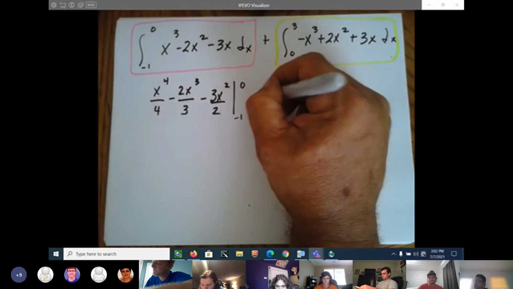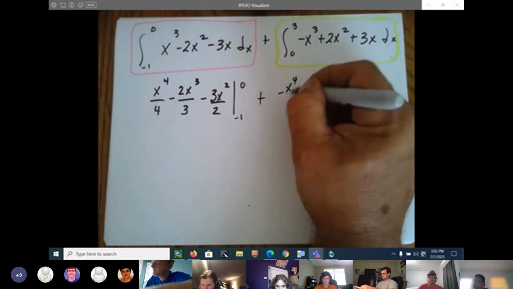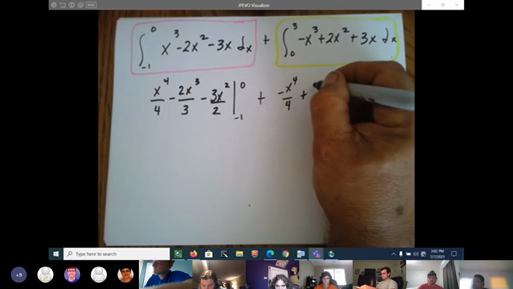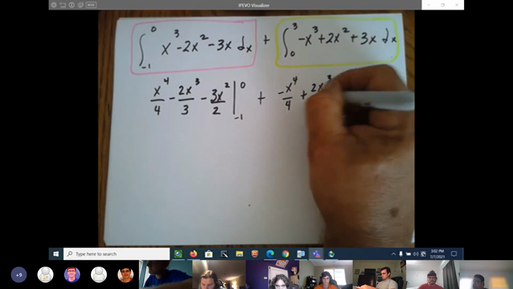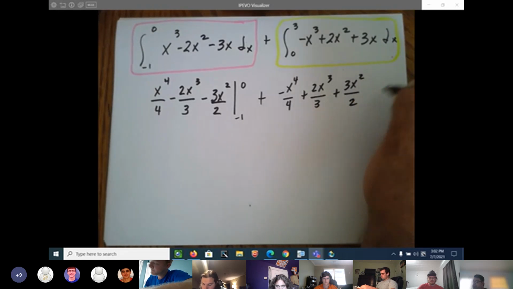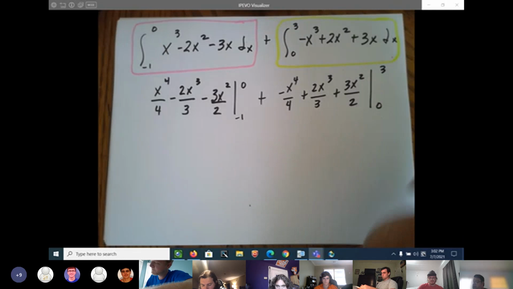plus negative x to the fourth over 4 plus 2x to the third over 3 plus 3x squared over 2 evaluated at 0 and 3.